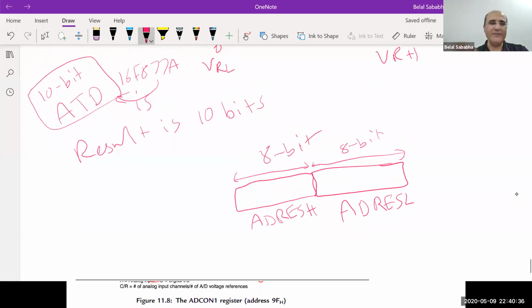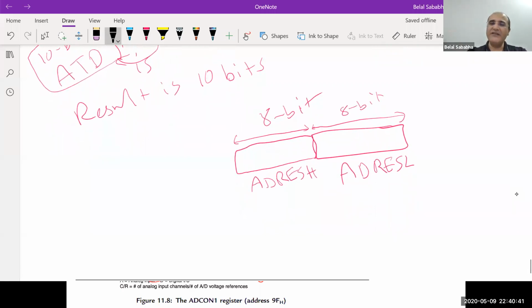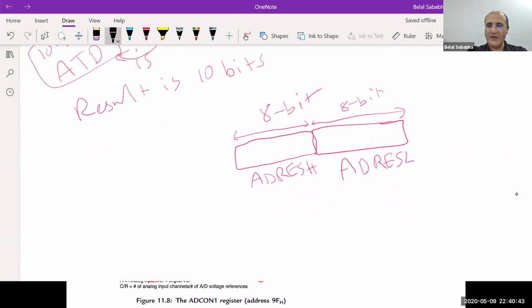So when we get the 10-bit result, how do you want these 10 bits to be stored? The lower 8 bits in result low and the higher bits in result high. If we choose to store them so that the lower 8 are in the result low register and the 2 remaining bits are in the high register, this is called right justified.